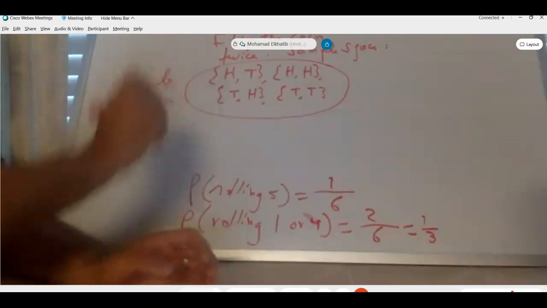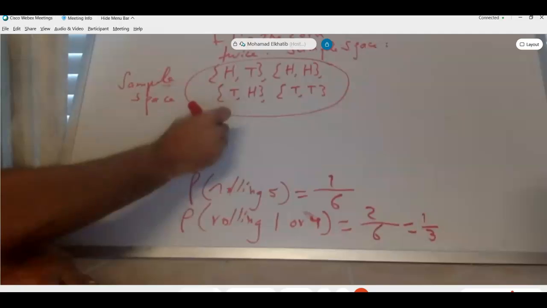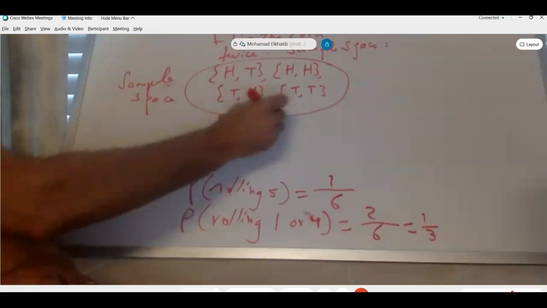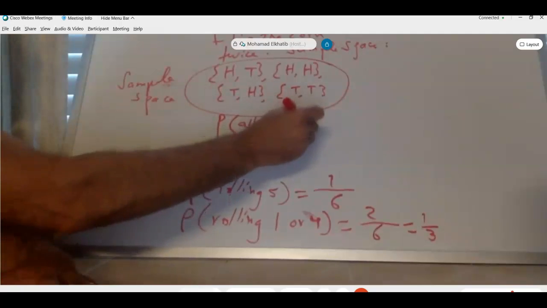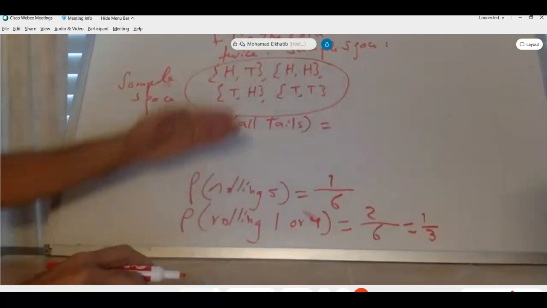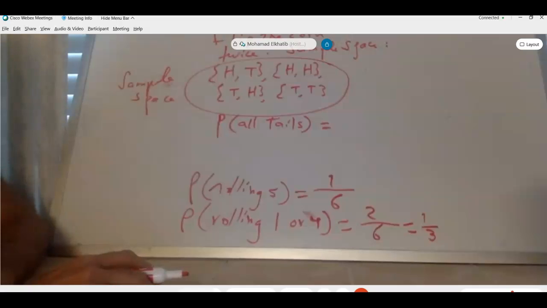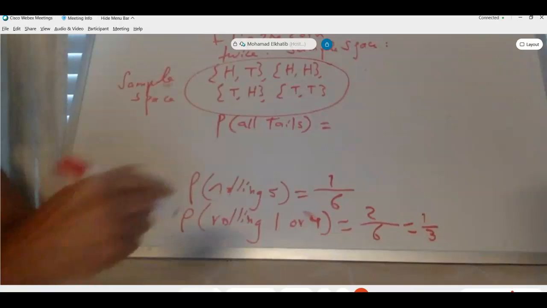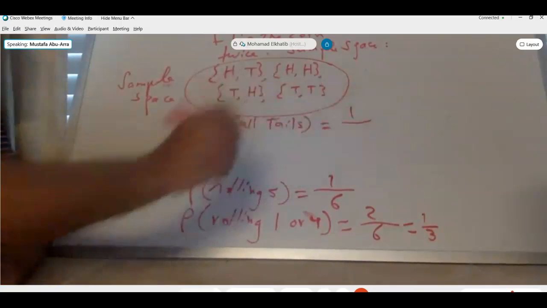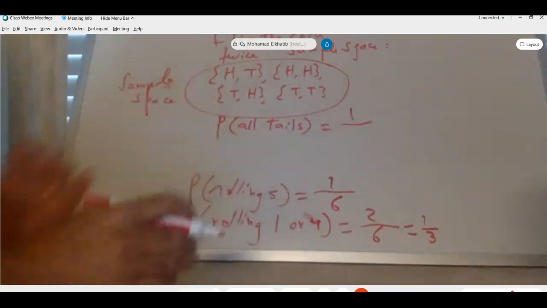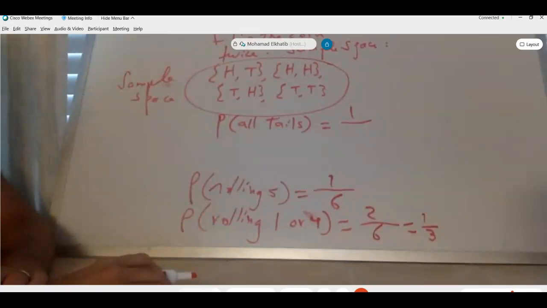Why is that important? Let's say I ask you, what's the probability of getting all tails? How many of these sample spaces have all tails? That's it. 1. Over what is the total sample space? 4.